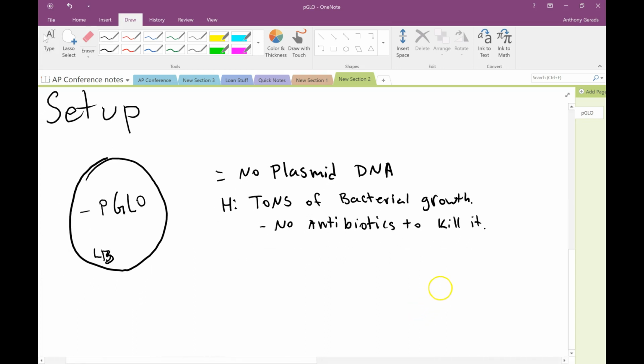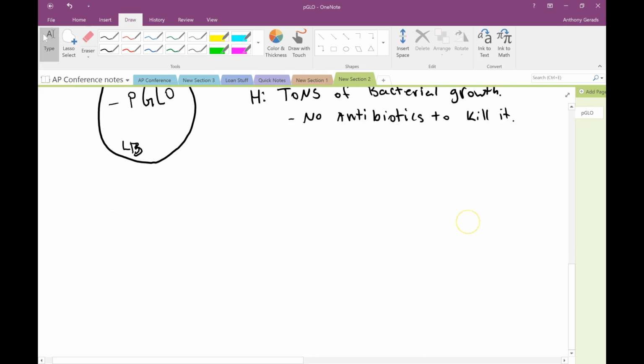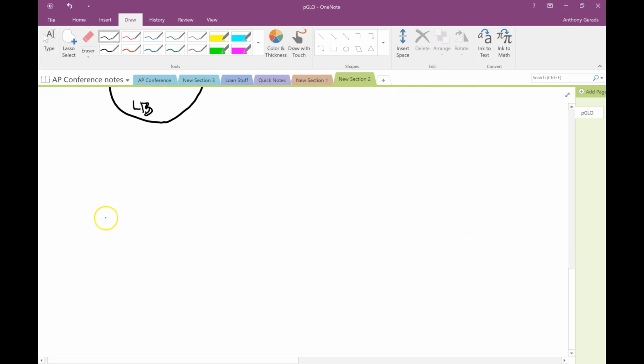Now we go to our next plate. If I look at this one, it is minus pGlo, and this was LB amp.